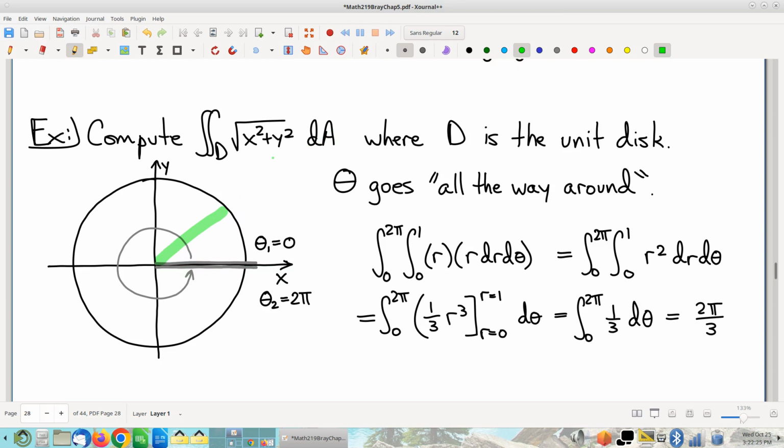Where's the first one? Where's the last one? Well, the first one, arbitrarily, you don't really have to start at theta equals 0, but you kind of might as well. And then they just keep going. They go all the way around. And once you get back to where you had been, you're done. You've swept out your entire domain.